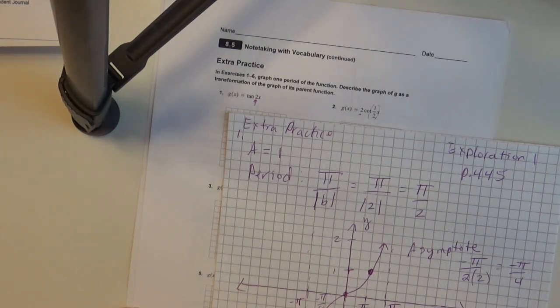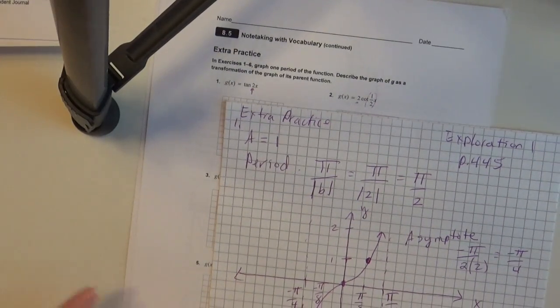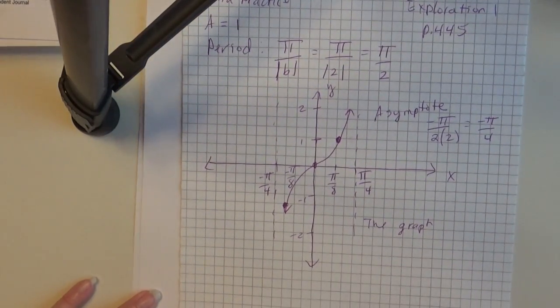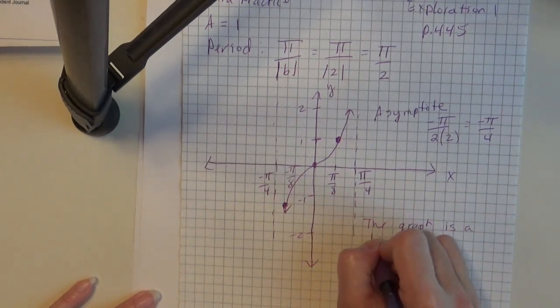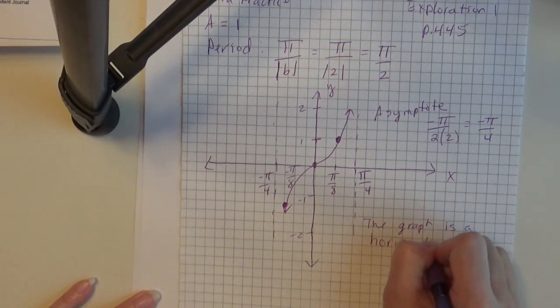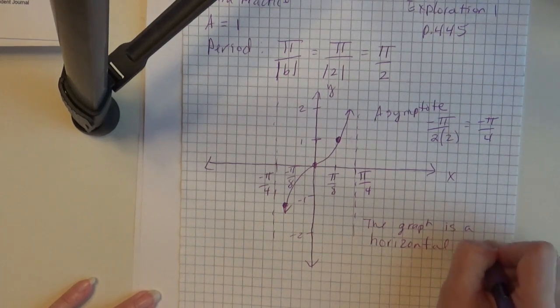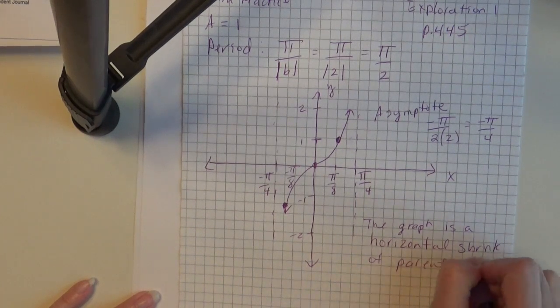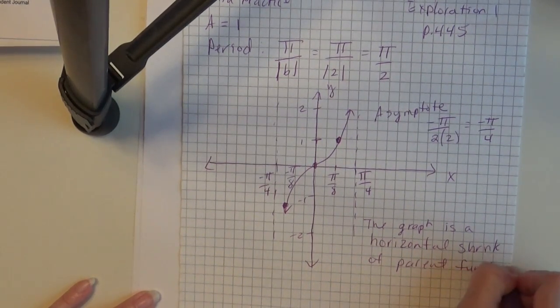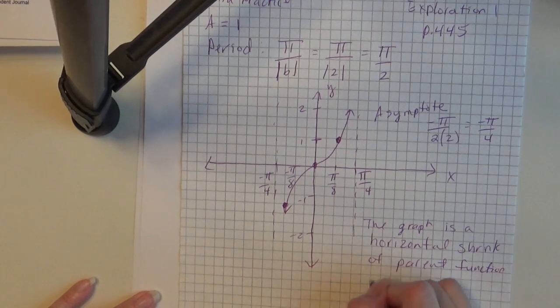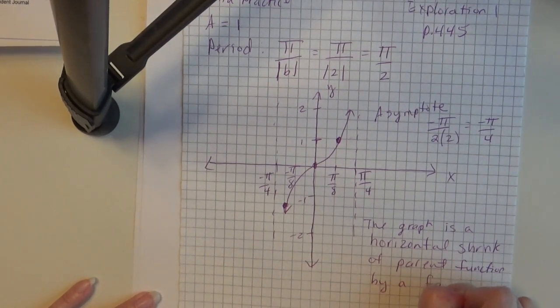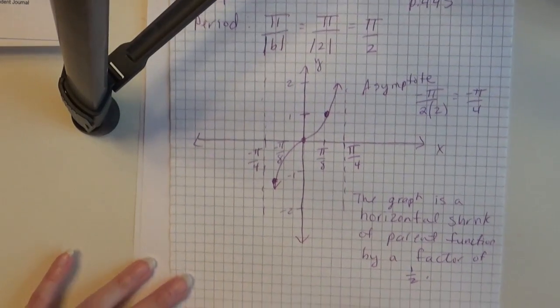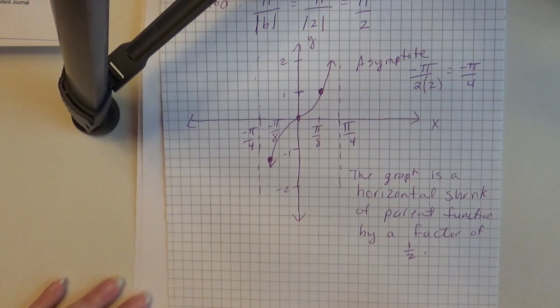Okay, so the graph is a horizontal shrink of the parent function by a factor of 1/2. All right, so that's my answer for number 1.